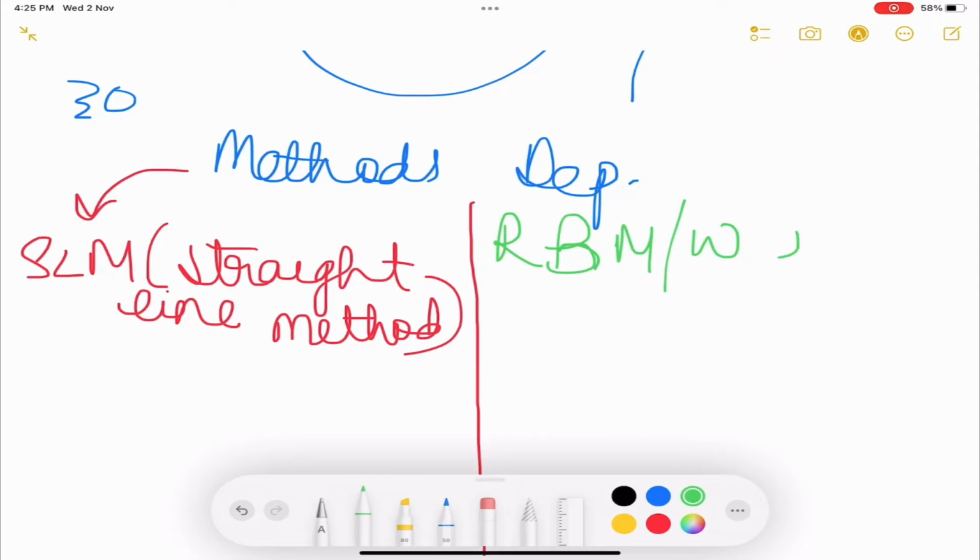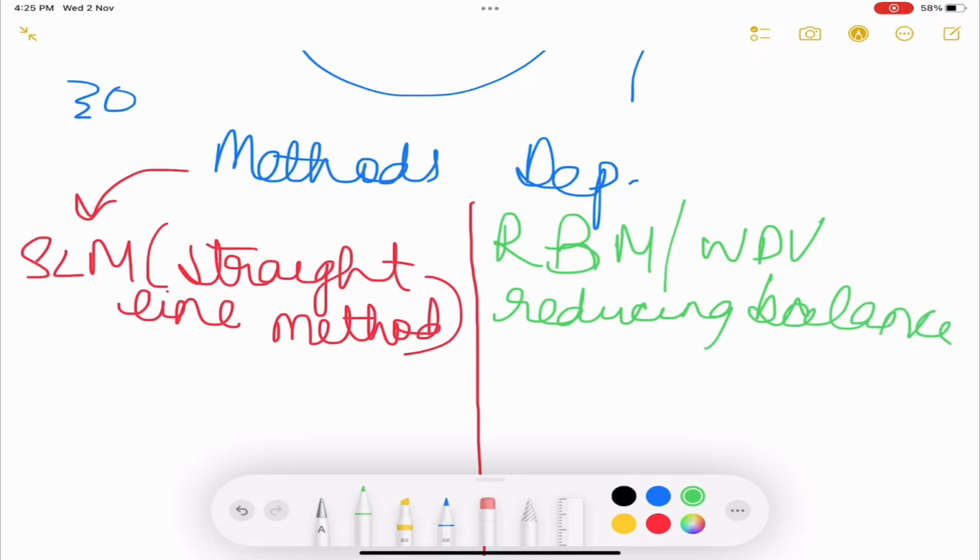So reducing balance method or written down value method, both of them mean one and the same thing. Give me a second. So you can understand with the name of the same thing. In straight line method, the depreciation always remains the same.